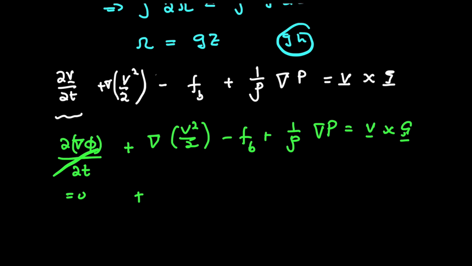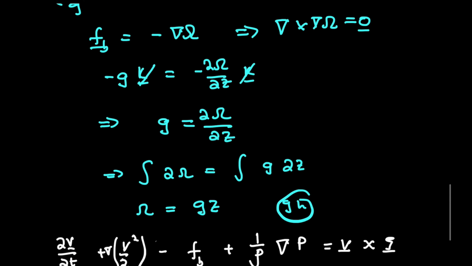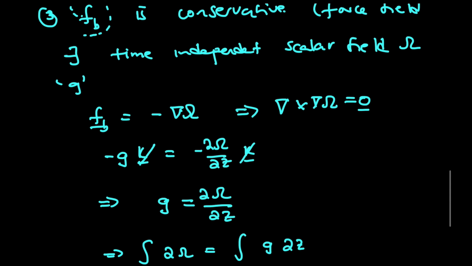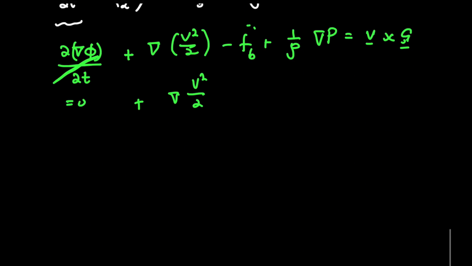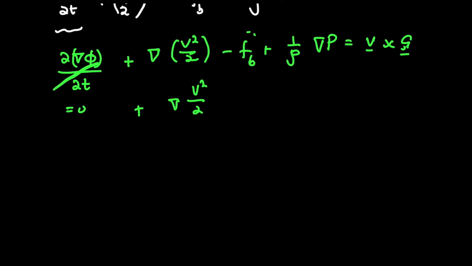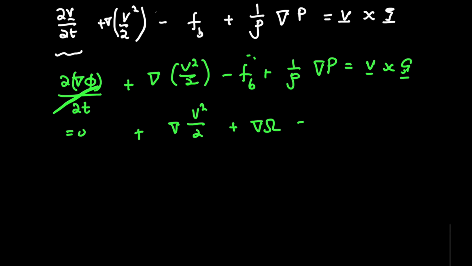Then this one remains the same, v squared over 2. And then the body force field F_B is, we've got it over here, minus del of omega. So minus times a minus is going to be positive, plus del of omega. And then we continue, it's 1 over the density del of p.